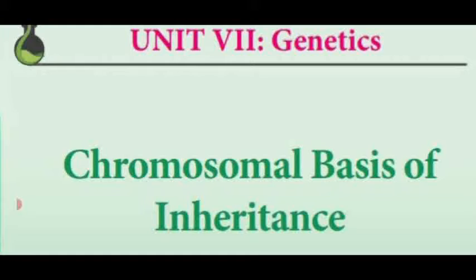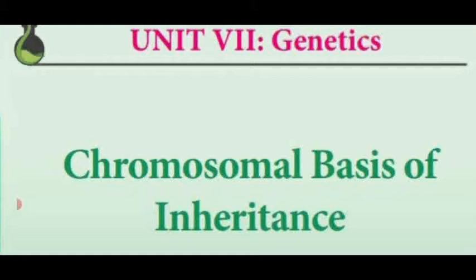But in the repulsion reaction, the dominant and recessive alleles present in different homologous chromosomes inherit apart, that means separated, and are expressed in different gametes. That is said to be repulsion or trans configuration. So these are the two processes proved by two scientists in sweet pea plant, which we have seen in the previous video class.